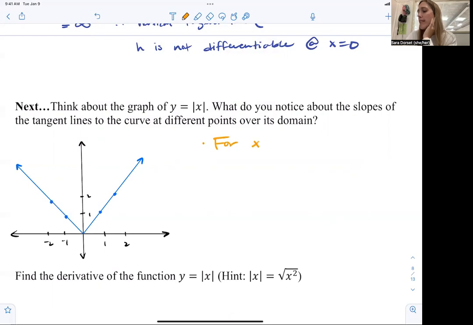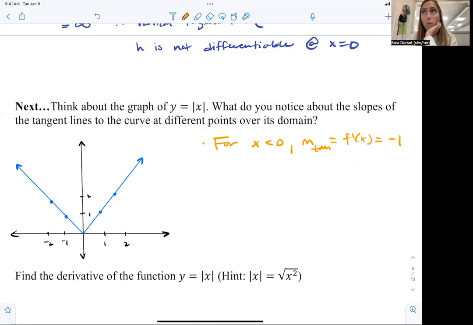So you guys, we can say, just looking at this graph, for x less than 0, the slope of the tangent line, f prime of x, would be equal to, to the left of 0, so from negative infinity to 0, the slope would be -1, right? It's a line, right, Brandon?